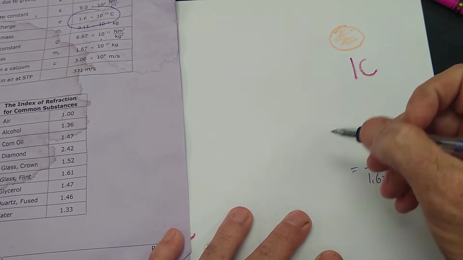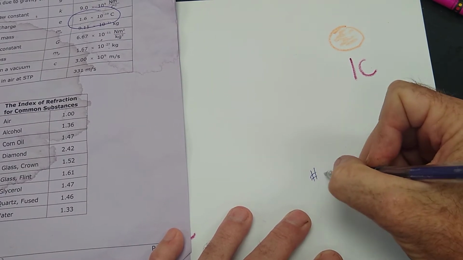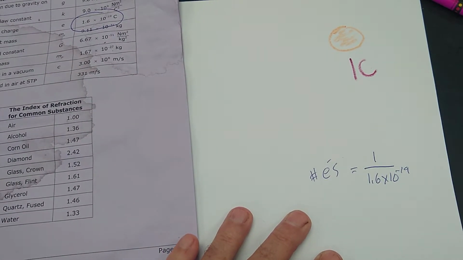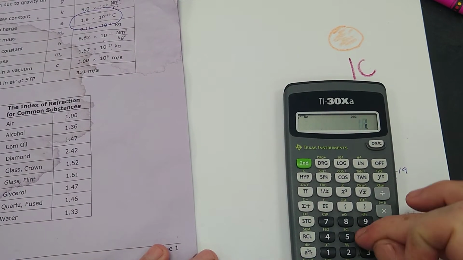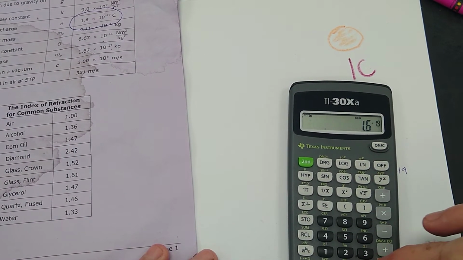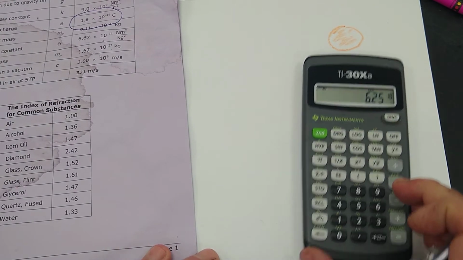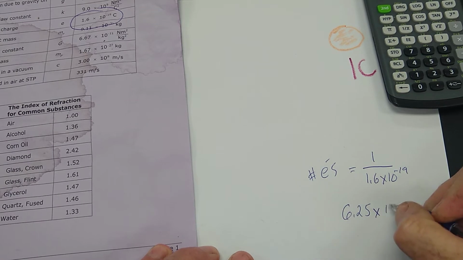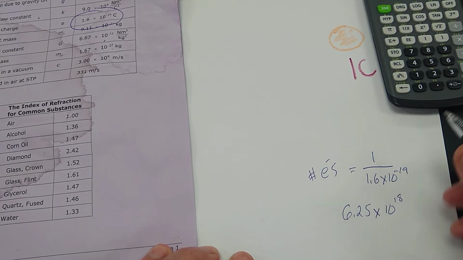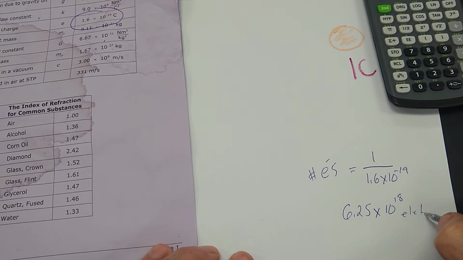And that would tell you how many electrons were in a coulomb. I take my calculator and I would say 1 divided by 1.6 EE 19 negative equals, and there are 6.25 times 10 to the 18th electrons in 1 coulomb. All right?